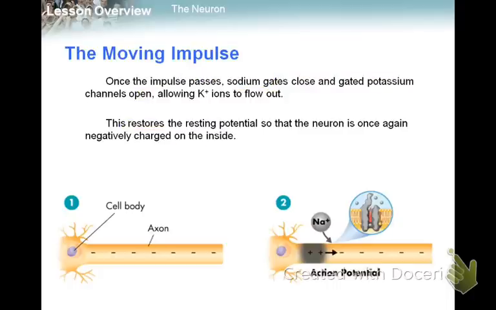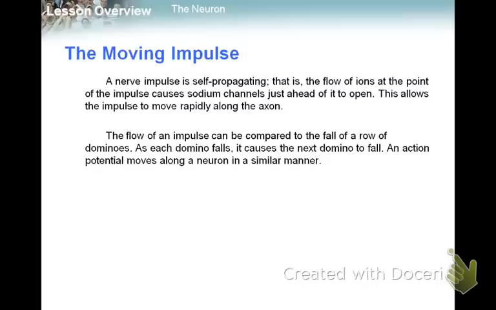Once the impulse passes, the sodium gates close and potassium gates open, allowing potassium ions to flow out. This restores the resting potential so that we're back negatively charged. The nerve impulse is called self-propagating.